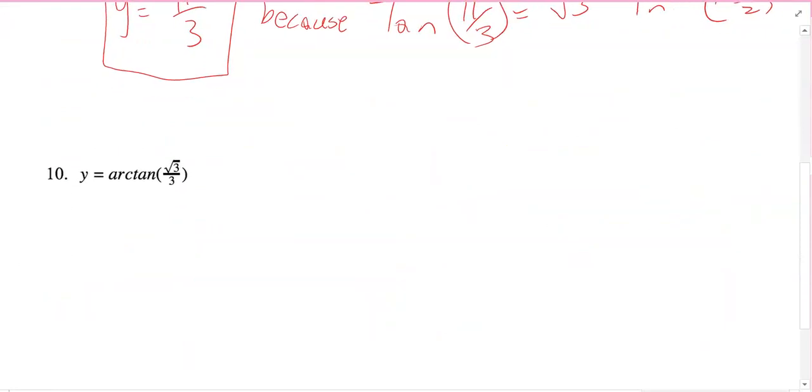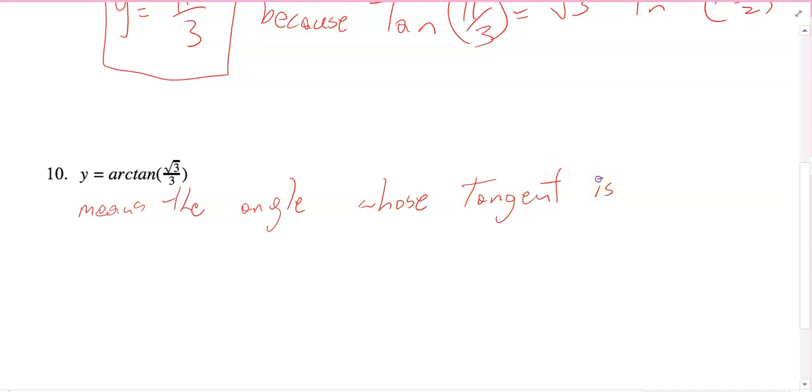Let's look at y is equal to arctan of radical 3 over 3. This means the angle whose tangent is radical 3 over 3 in the interval negative pi over 2 to pi over 2, not inclusive, right?